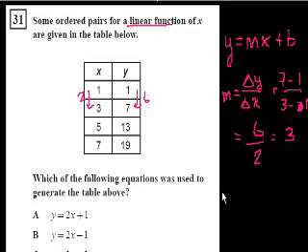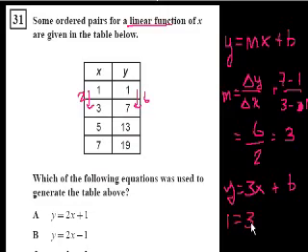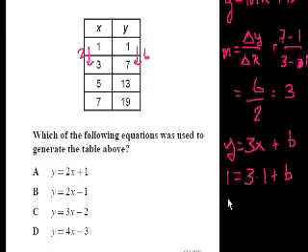So the equation of our line is going to be y is equal to 3x plus some y-intercept. And now we could substitute some points in. Let's substitute this one, 1, 1 seems easy. So y is equal to 1 when x is equal to 1. So we get 1 is equal to 3 plus b. Subtract 3 from both sides of this equation, and we get what? 1 minus 3 is minus 2, is equal to, obviously this disappears, 3 minus 3.